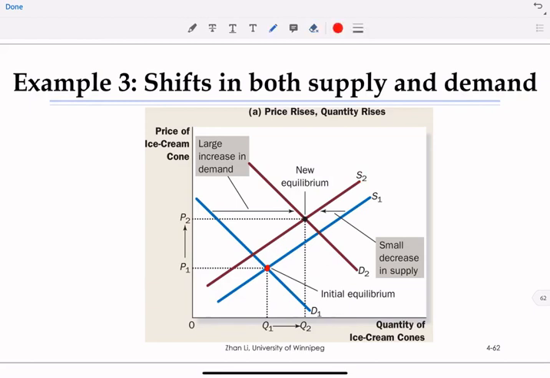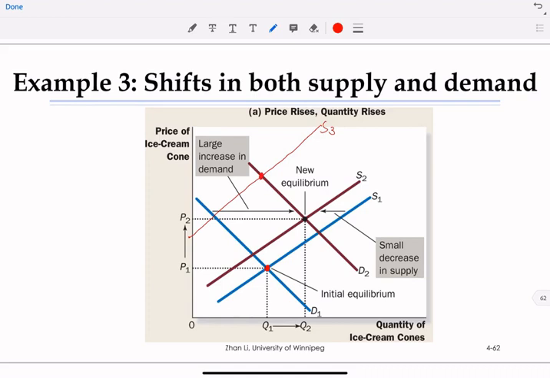Let's say we have a much larger shift in the supply curve, let's see what will happen, right? Let's say the supply curve shifts to the left, but by a much larger distance. Let's call this new supply curve S3. Obviously, this would be the new equilibrium point.